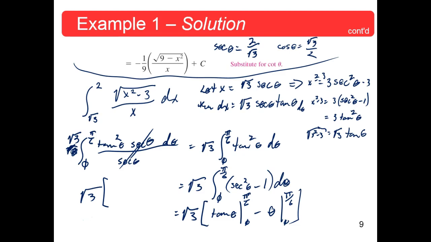Cosine of pi/6? Square root of 3 over 2. So this would be 1 over root 3. And what's the tangent of 0? 0. So we have root 3 times 1 over root 3 minus, and this is just going to be pi/6.